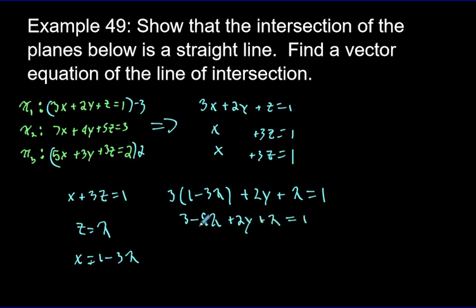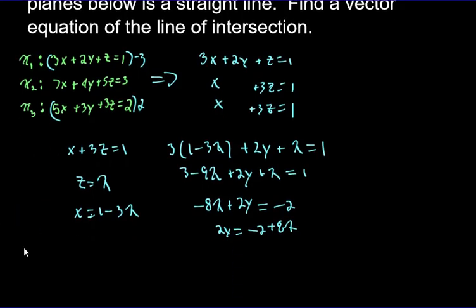So I got -8 lambda plus 2y. If I subtract 3, I get -2, and then 2y is equal to -2 plus 8 lambda. If I divide by 2, I get y is equal to -1 plus 4 lambda.